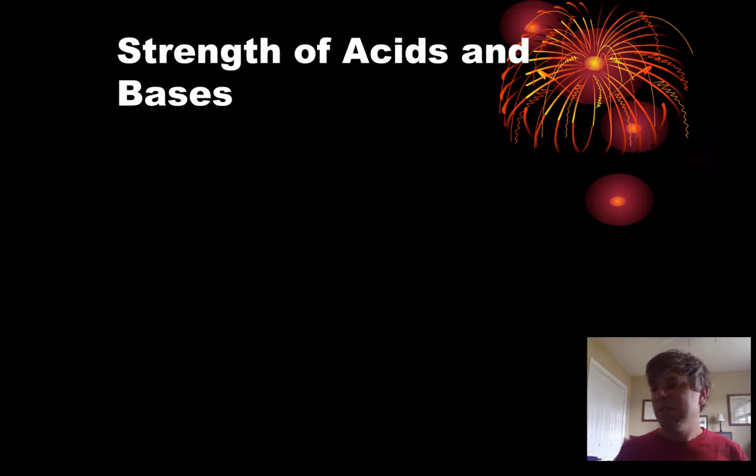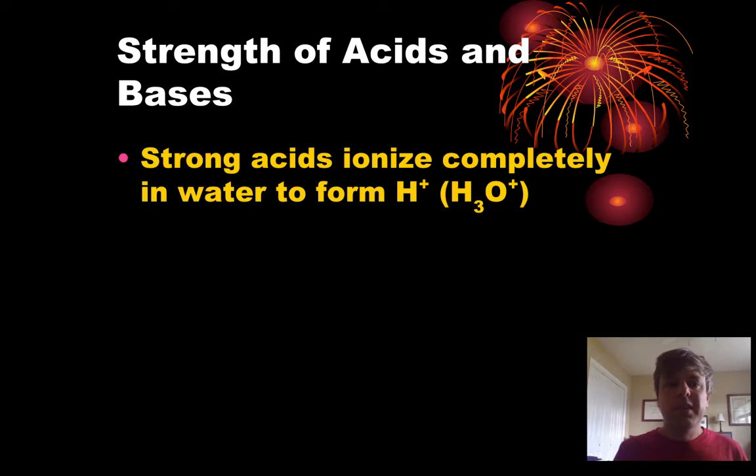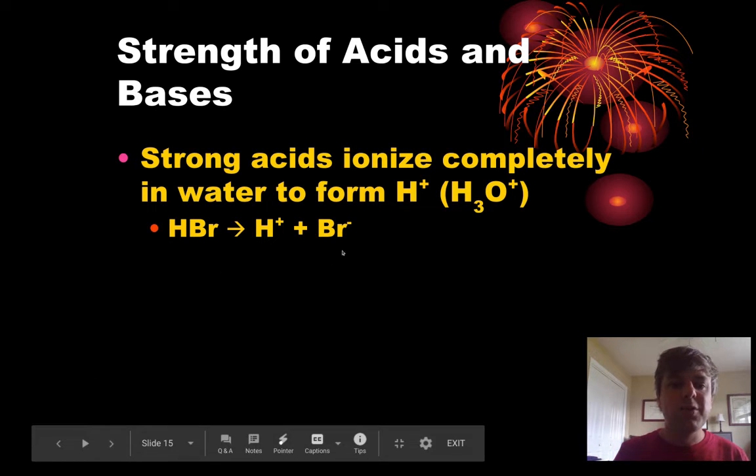The last thing that we're going to go into briefly is what makes an acid or a base strong versus weak. Because I showed you that list a little bit ago and I broke them up into strong versus weak. Well, a strong acid breaks apart completely in water. So when it ionizes, it splits apart 100%.